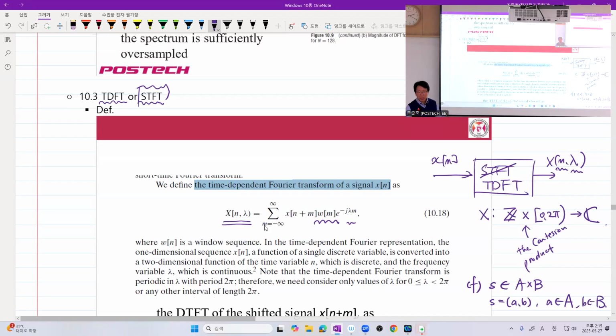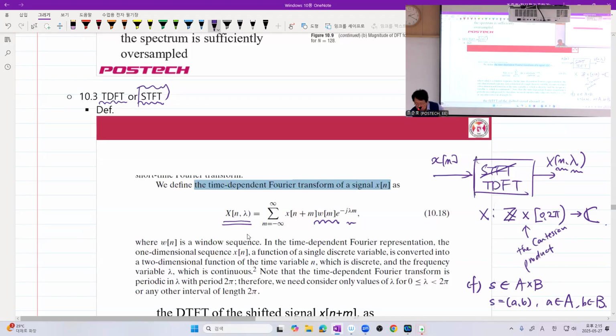But mathematically speaking, according to the notation or definition of our textbook, this is a mathematical transformation, and the short-time Fourier transform is the evaluated version of this function at some specific grid. We will see.